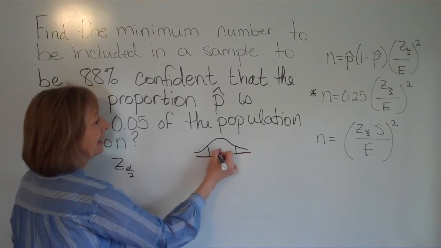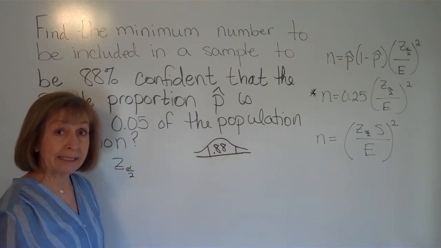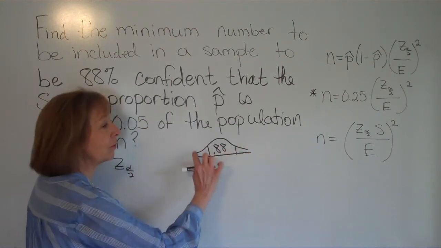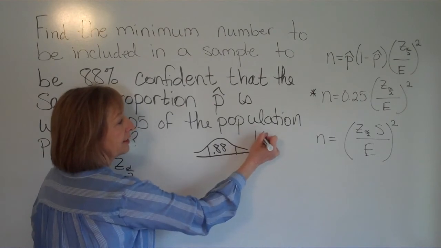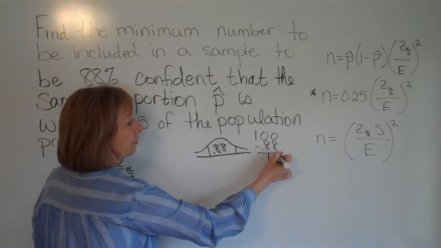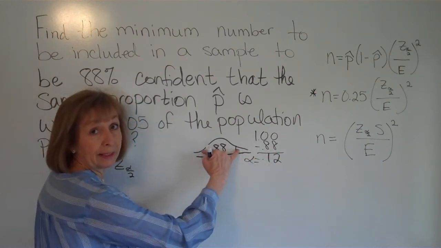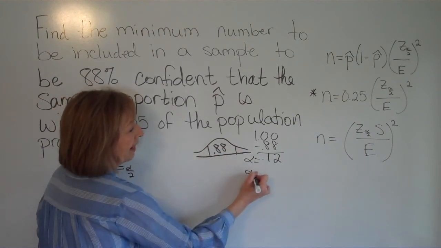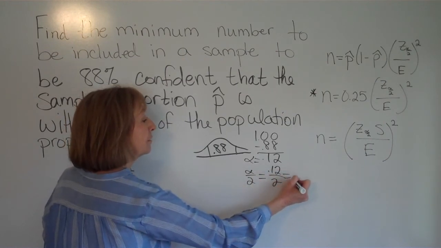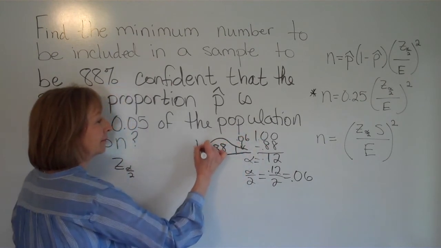That 0.88 is in the middle. The distribution is symmetric. The entire area between the curve and the horizontal line is 1. So we're going to take 1 and subtract the 0.88 to get 0.12. That's your alpha. That's the amount that's shared between the 2 tails. And then we divide that alpha by 2. So 0.12 divided by 2 is 0.06. And that's the amount of area that's in each tail.